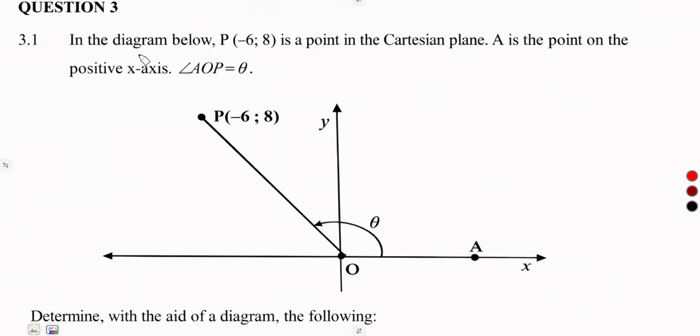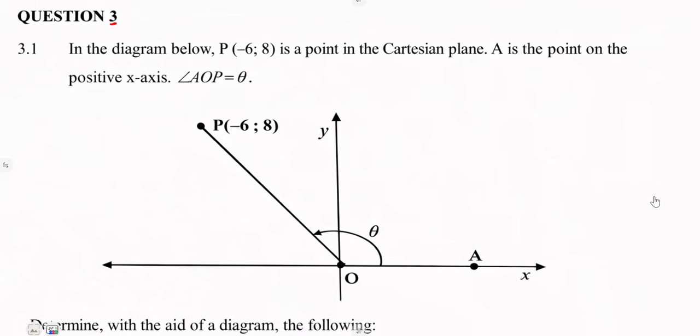The last question that we're going to have is question number 3, which is under our trigonometry. So you're given 3.1 in the diagram below, the point P, negative 6, 8, that's the x and the y value. So the x value is negative 6, and the y value, this vertical, is positive 8.